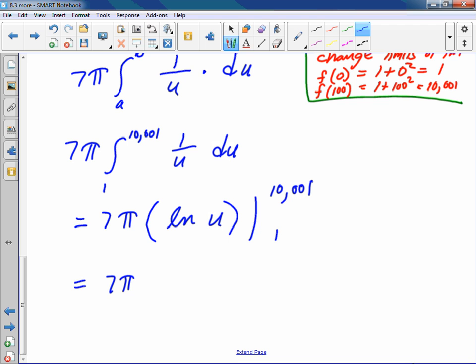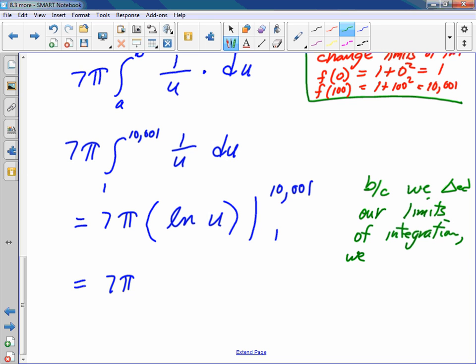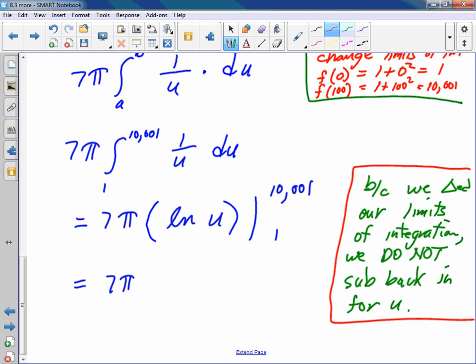Now here, because we changed our limits of integration, we do not sub back in for u. And that's important. You don't have to do that, but I think in this problem it makes it a lot easier.